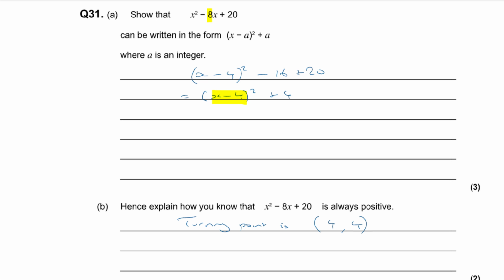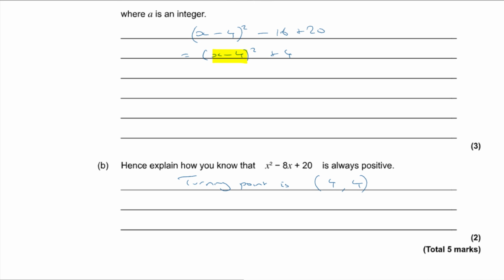And this is a smiley parabola, isn't it? So if you think about a graph, if you think about the point 4, 4, then the graph is going to be a parabola through that point, isn't it? And you can see that it's always above the x-axis.